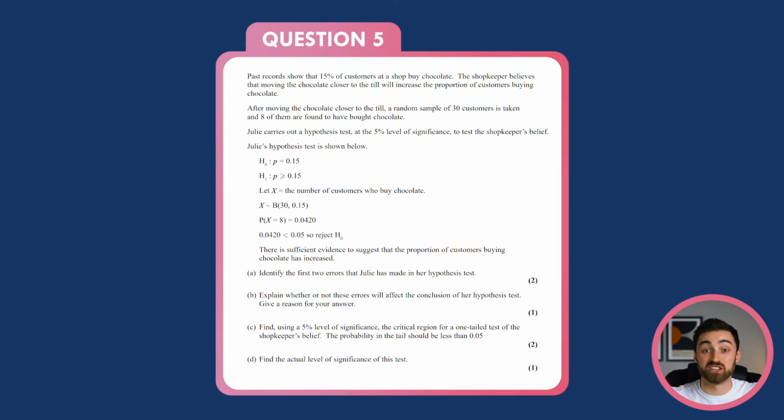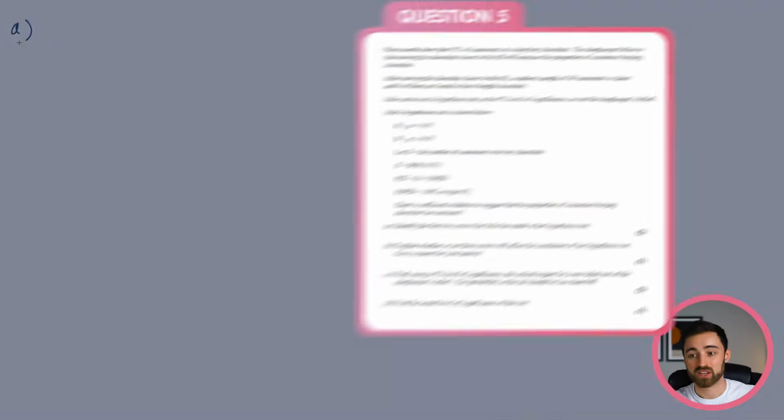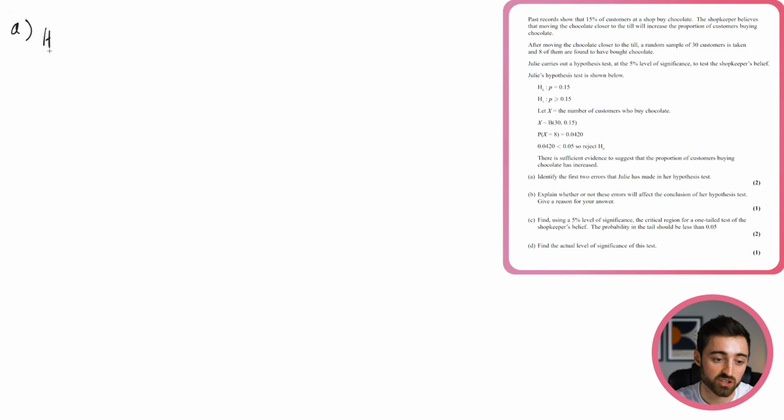They need to be completely different things. That's the point of a hypothesis test: you think that something is different. So essentially, H1 should be that P is greater than 0.15, not greater than or equal to.